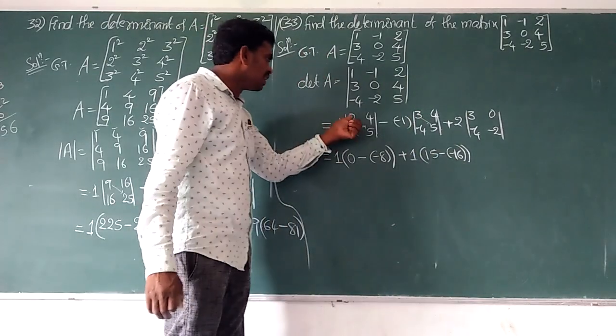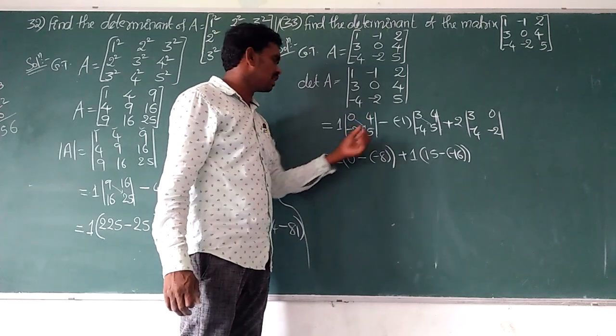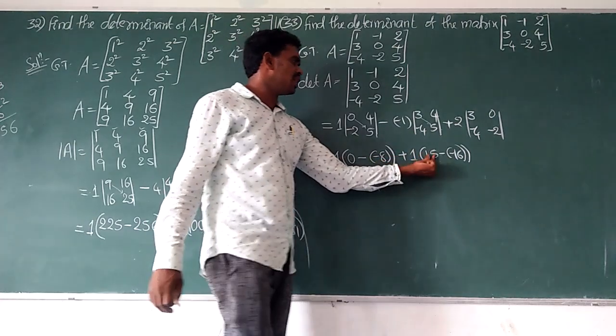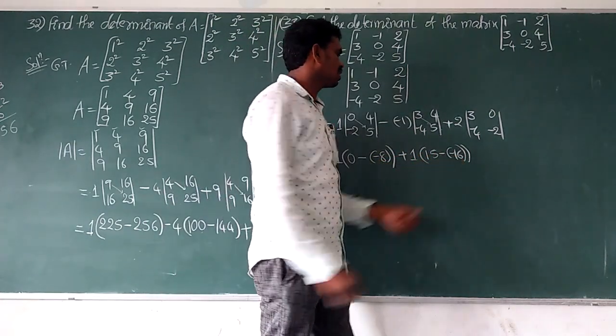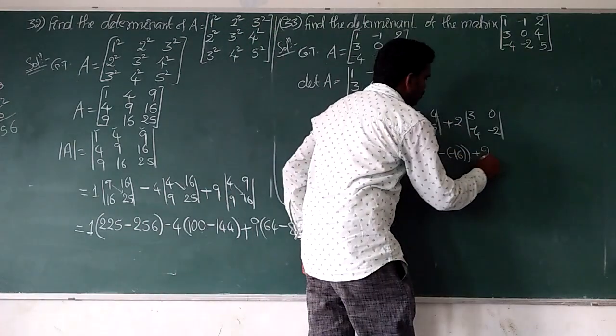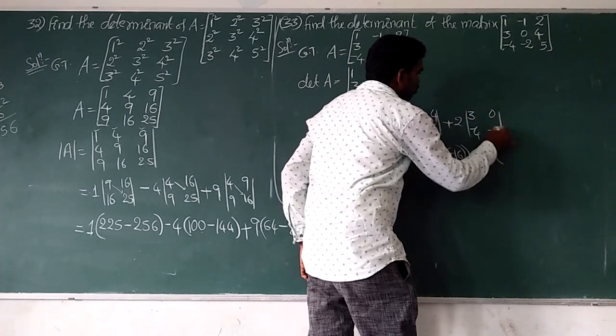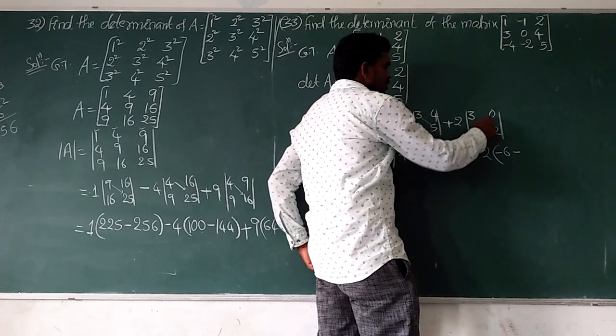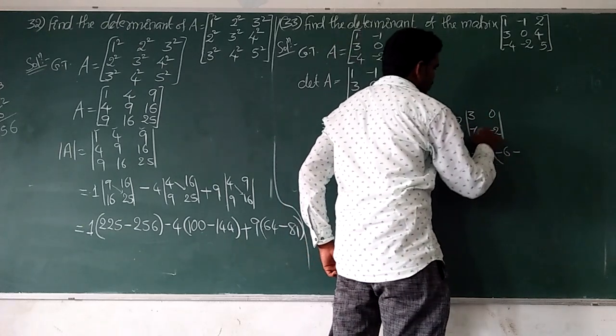Now what is the formula? AD minus BC. Next, plus 2 into AD, 3 into minus 2, minus 6, minus BC, 0 into minus 6, 0.